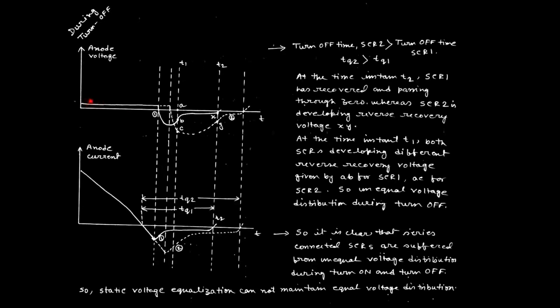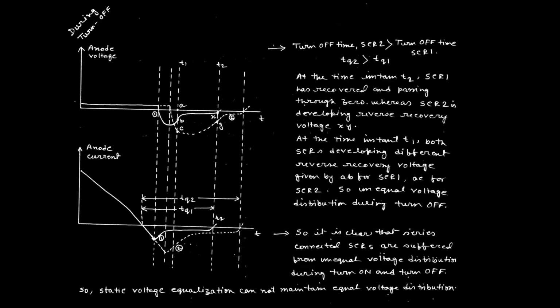Up to this point both thyristors are in the working or conducting state. We are still reducing the anode current to a value of 0, but there are still moving charges inside, which is why both are in the conducting state. When the current falls almost to the holding current and negative biasing is applied across both thyristors, the first thyristor turns off at the point T1, and again at the point T2.